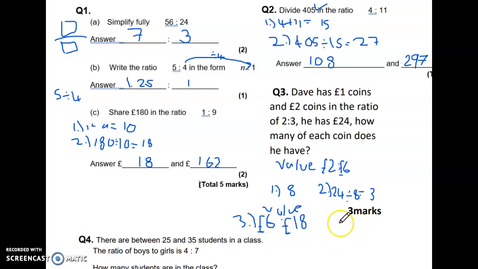So in terms of quantity then, we've got £6 worth of pound coins, so we've got 6 £1 coins. And then we've got £18 worth of £2 coins, so we've got 9 £2 coins. So that's how many we've got. There you go, there's your pounds. So 6 lots of £1, then 9 lots of £2.